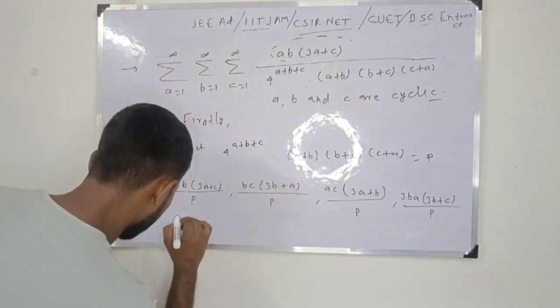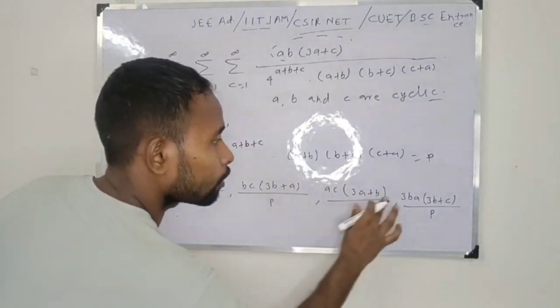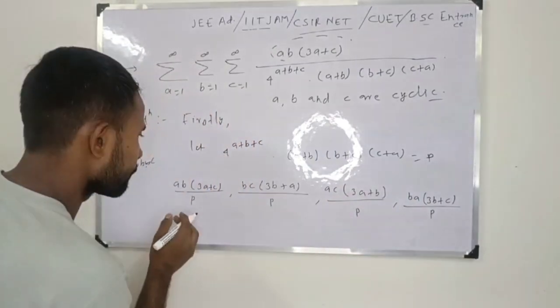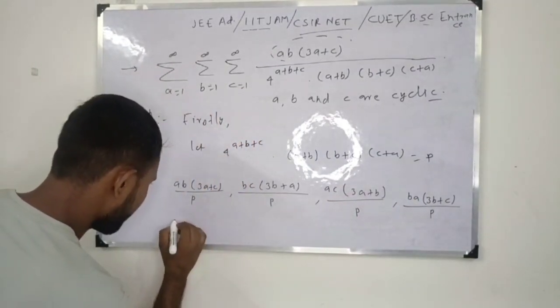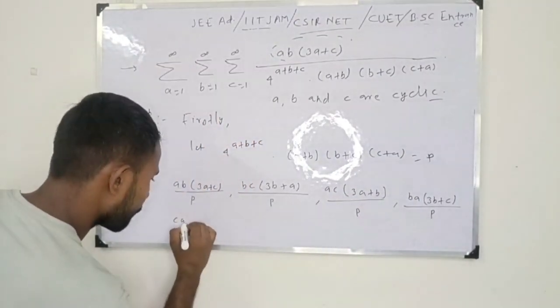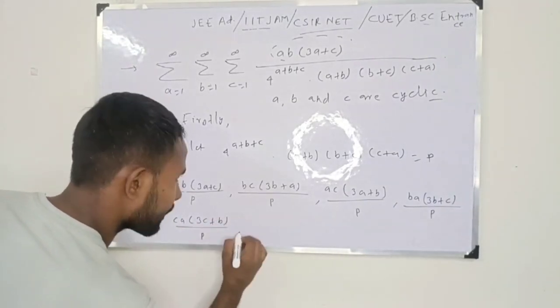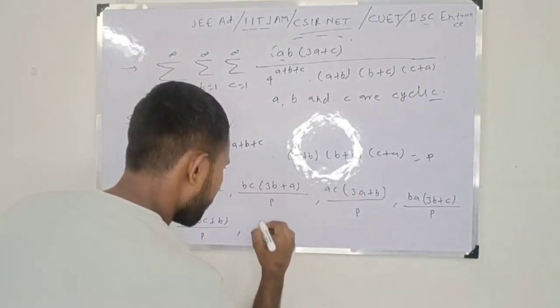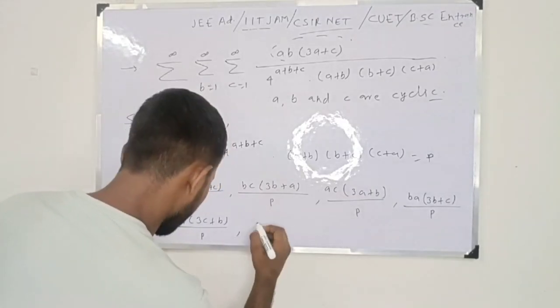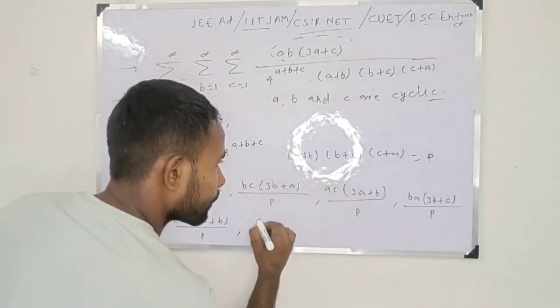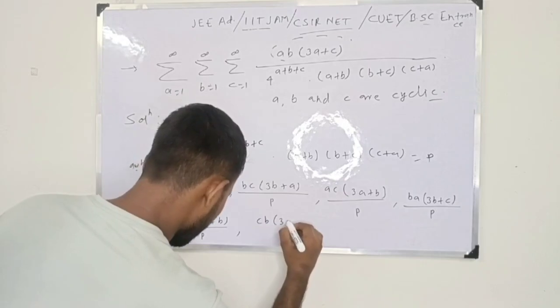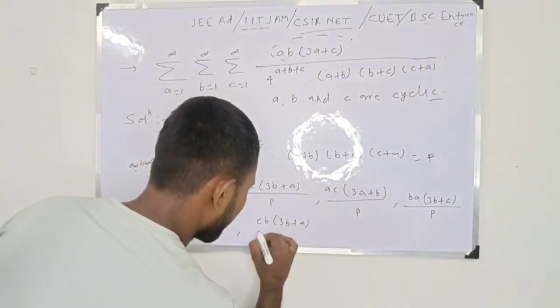Now here you have to write 3, sorry, it was written by mistake. Next term will be your CA into 3C plus B upon P. Next term will be your BC upon P, which I have written already. Next will be CB into 3B plus A upon P.